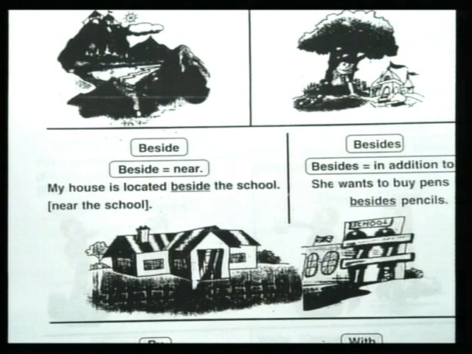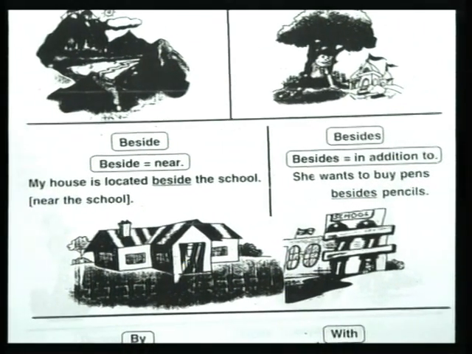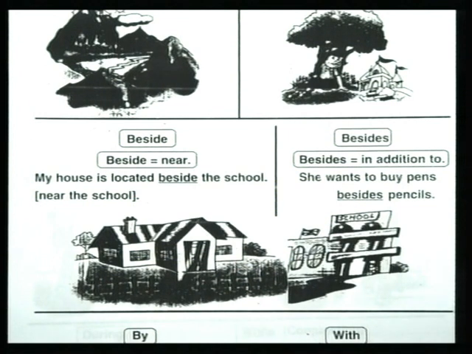Now, beside. You have to be very careful because the prepositions beside and besides have a minor difference of S but a major difference in place. For example, beside is near and besides is in addition to.